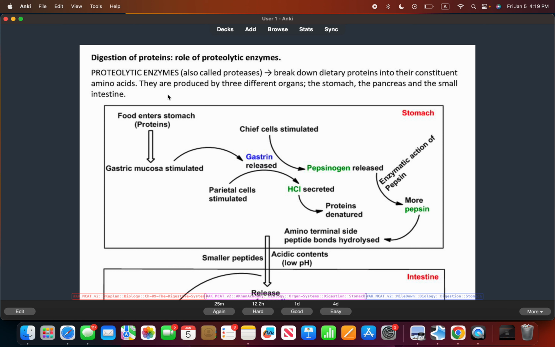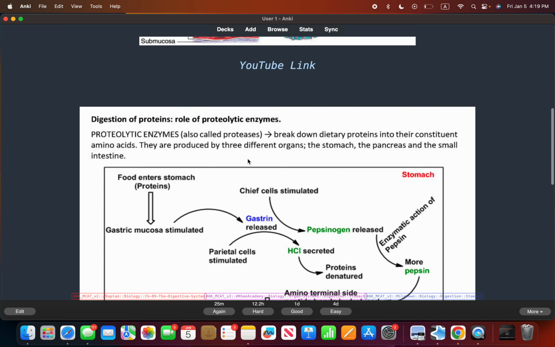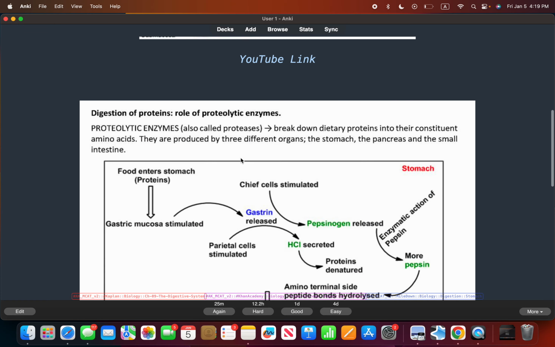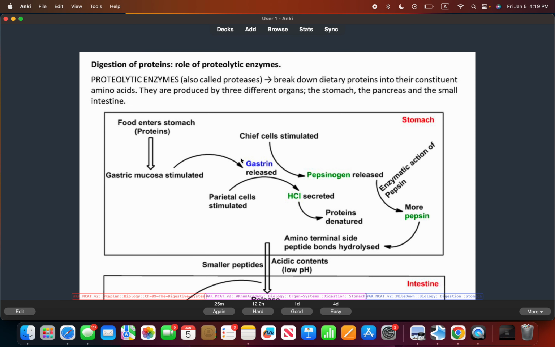So when food enters the stomach as a protein, the gastric mucosa are stimulated. Then they cause gastrin to be released. We see here we have G cells, right?